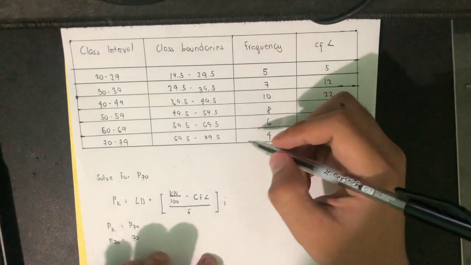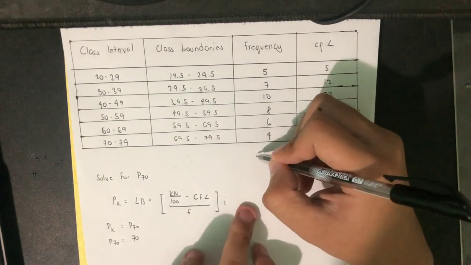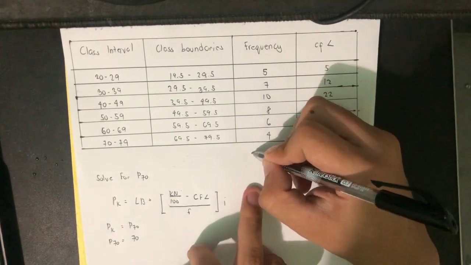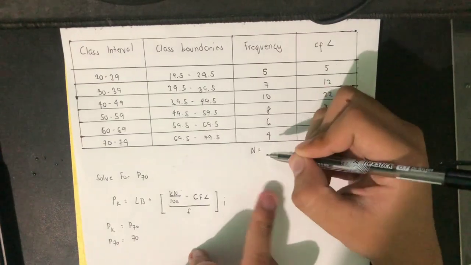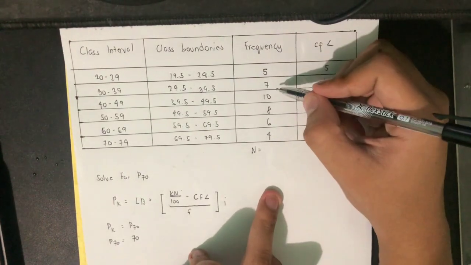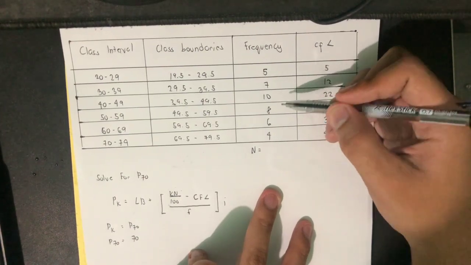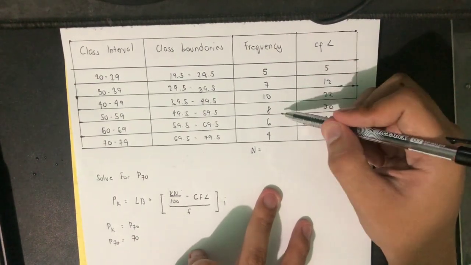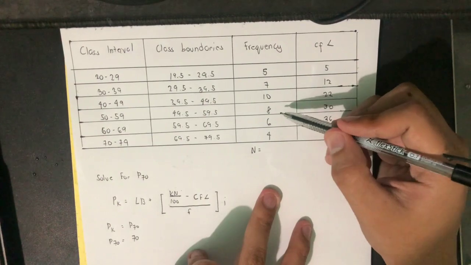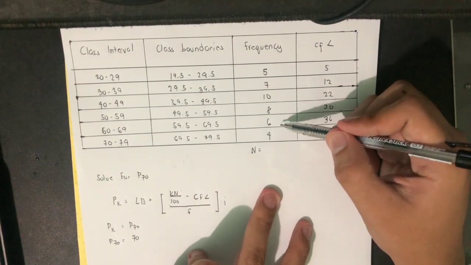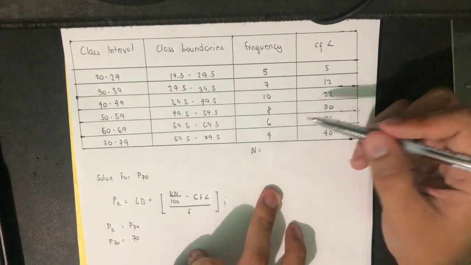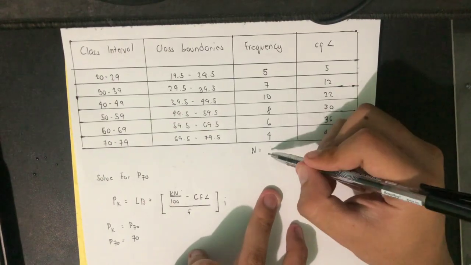The N is the total number of frequency. So the total number of frequency is 5 plus 7 is equal to 12, 12 plus 10 is equal to 22, then 22 plus 8 is equal to 30, then 30 plus 6 equals 36, then 36 plus 4 is equal to 40.